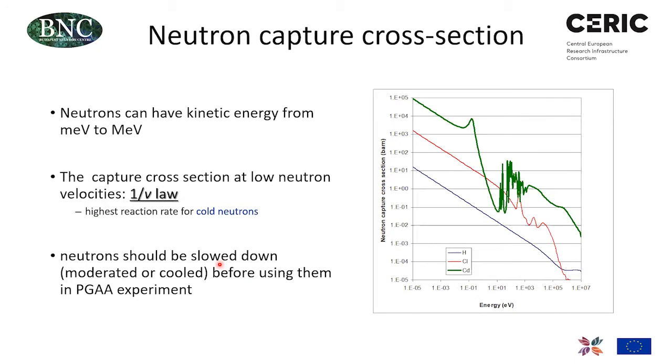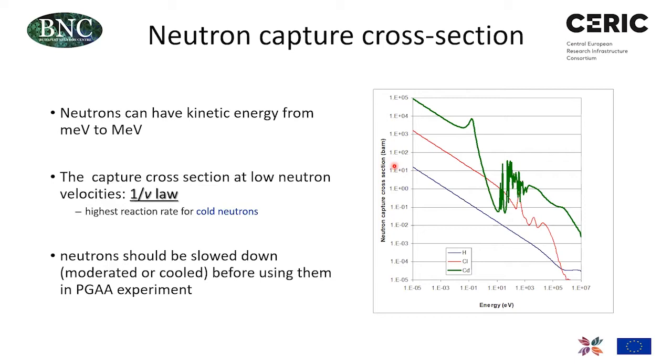At low neutron kinetic energies, we have a rule which is called the 1/v law. That means the slower the neutron, the lower the kinetic energy, the higher the neutron capture cross-section, so the probability of the capture reaction. This can be explained very simply because if the neutron flies at a lower speed, it will spend more time near the atomic nucleus.